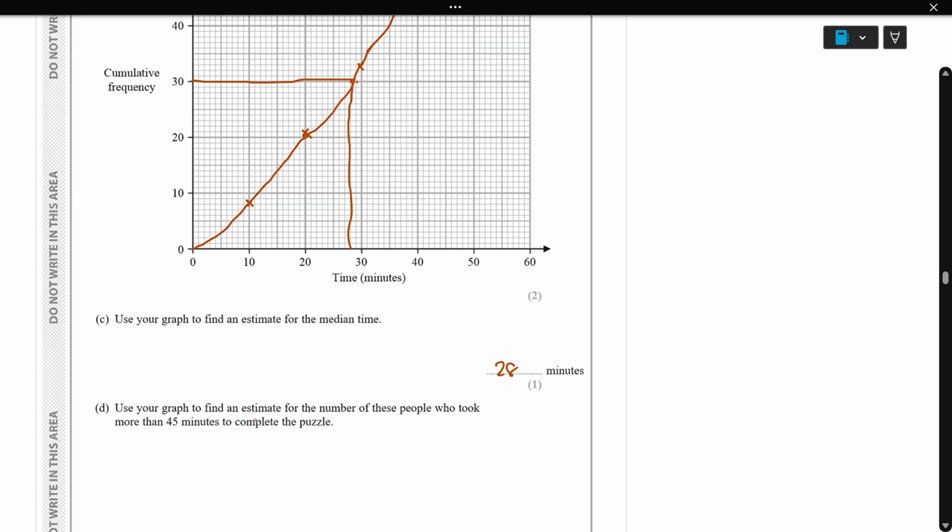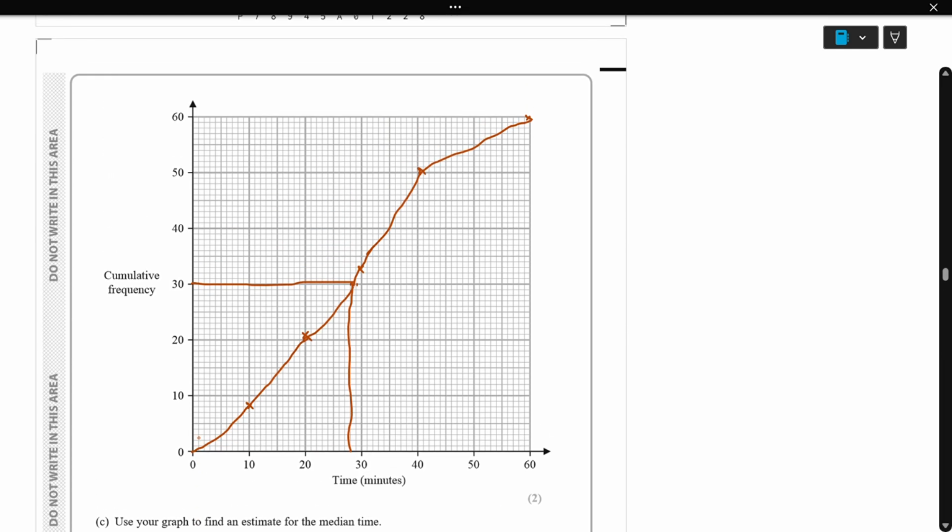Next, use your graph to find the estimate for the number of people who took more than 45 minutes. So 45 minutes is here. Just draw. It's not an accurate one, so my graph is not clear. So approximate, and it will go until here because the graph has to go this way.